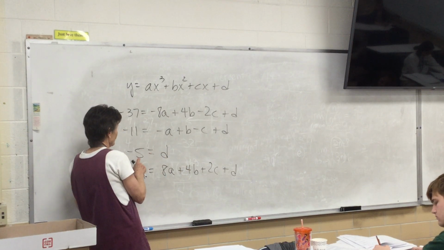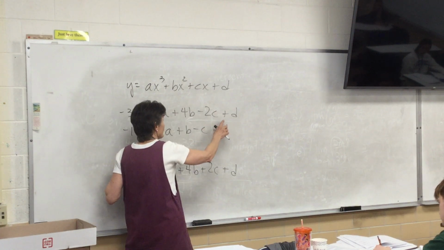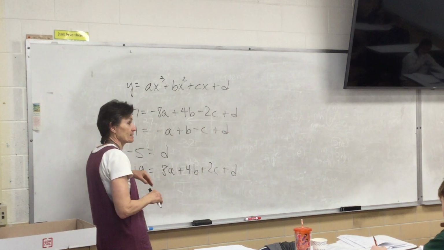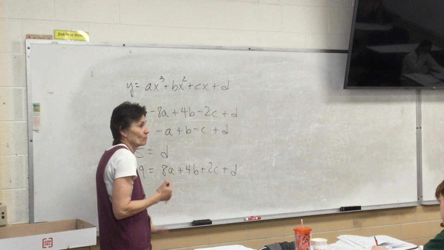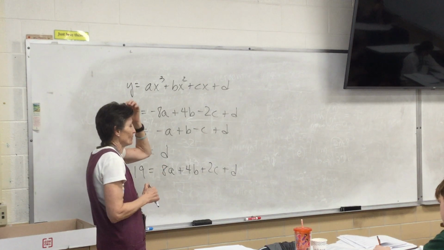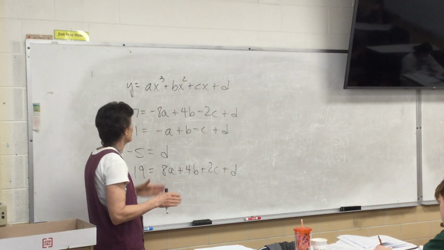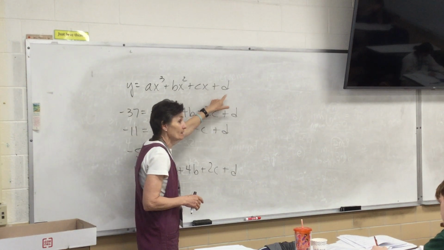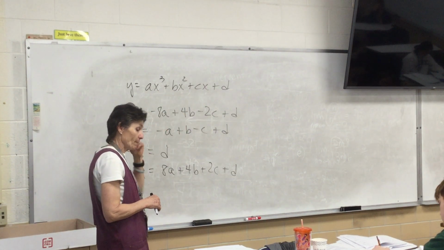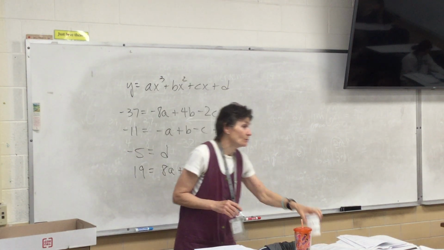If you wanted to, since you know what D is already, you could stick negative 5 in there and then have just a system of 3 equations, 3 unknowns. That's your choice. Okay? And then whatever A, B, C, and D turn out to be, you're going to plug them right back in here, and that's going to be your polynomial. Got it? Yep.